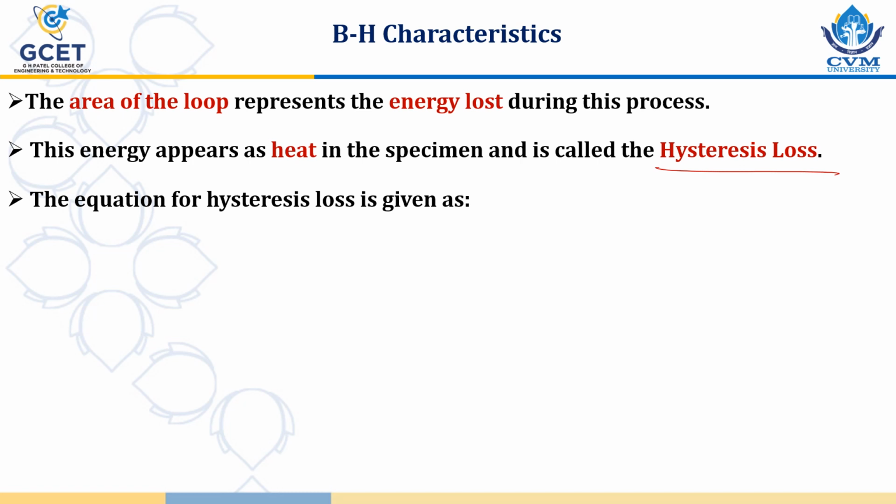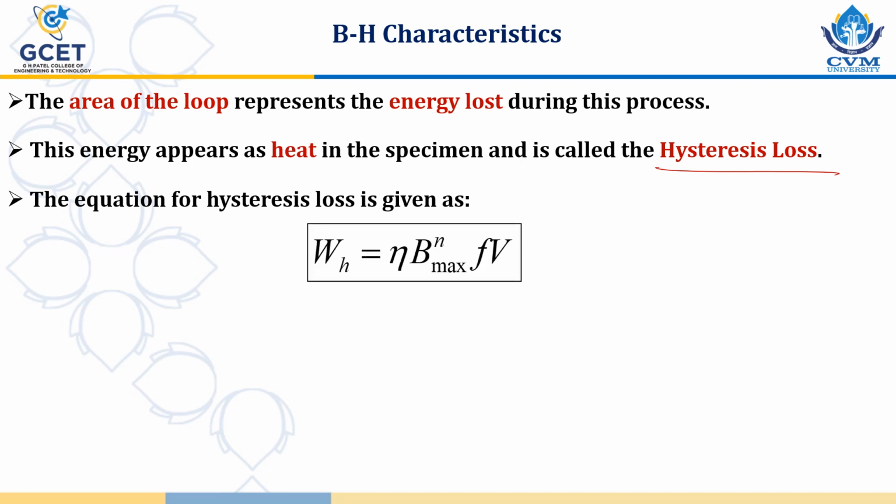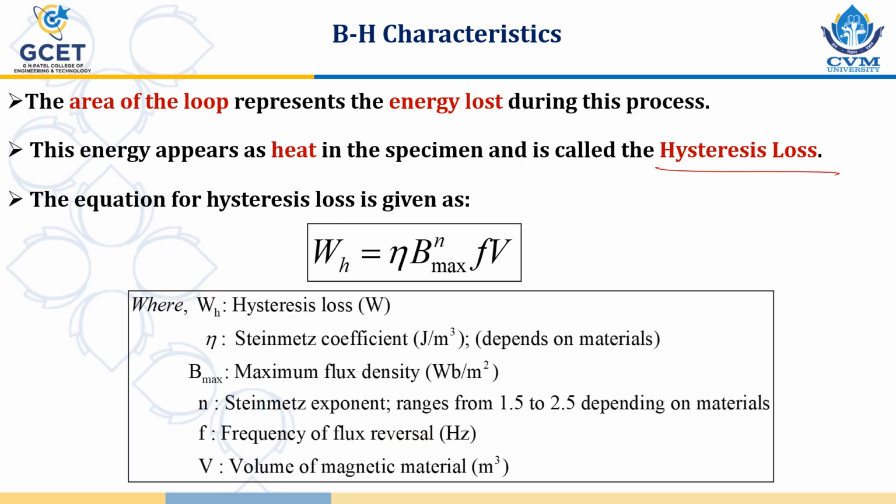The equation for hysteresis loss is given as WH equals eta B max raised to n, F into V, where WH is hysteresis loss in watt, eta is the Steinmetz coefficient in joule per meter cube, and its value depends on the magnetic material. B max is magnetic flux density in Weber per meter square, n is the Steinmetz exponent, and it ranges from 1.5 to 2.5, depending on the materials.